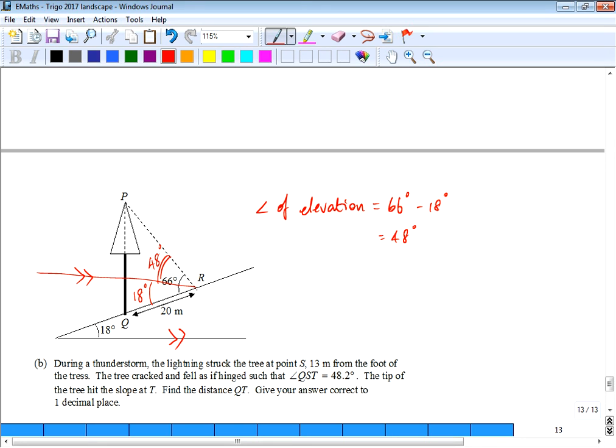To find the height of the tree, we first need to find angle QPR. Okay, since this is 18 degrees and this is 90 degrees, this angle over here must be 72 degrees.